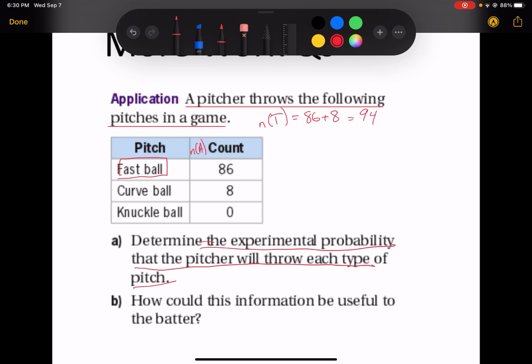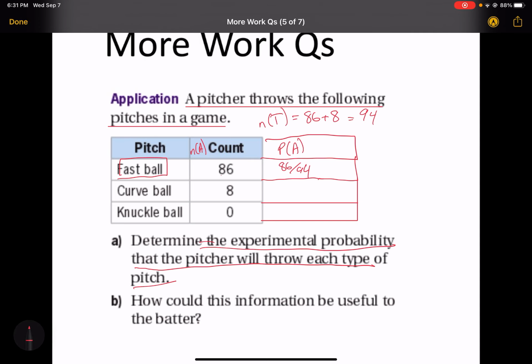94. So the probability of a fastball, P of A, let's write that again. The probability of a fastball is 86 divided by 94. Now, if you're looking for percentages, I guess we could do that.